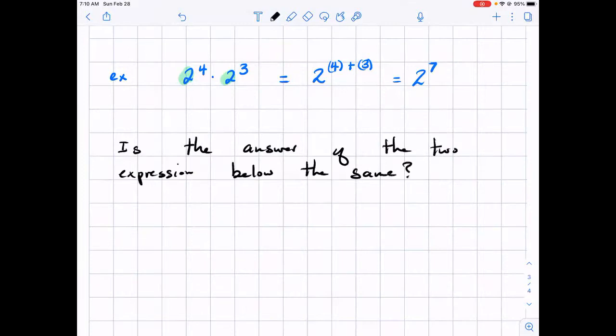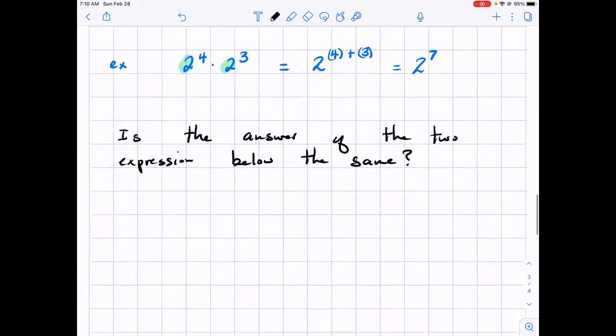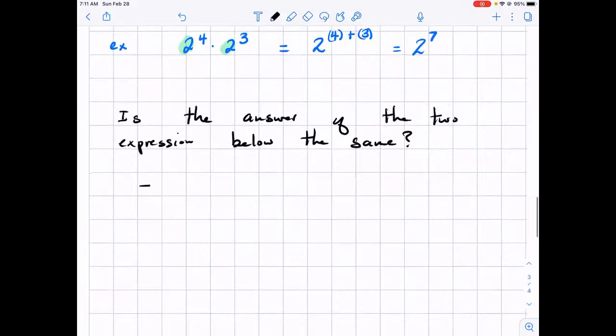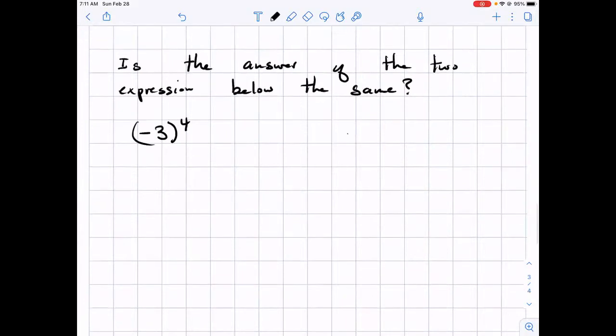Yeah, that's a question. I wrote minus 3 to the 4th power in parentheses, and then over here there is no parentheses.